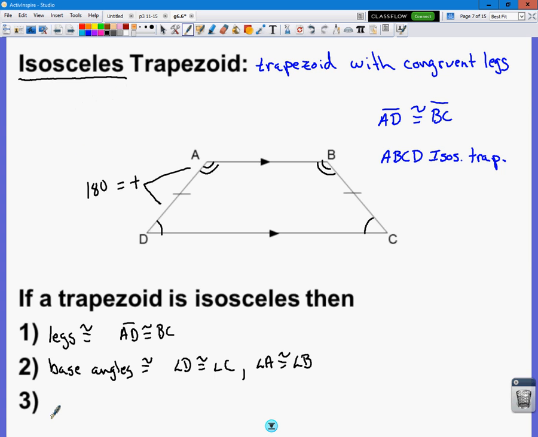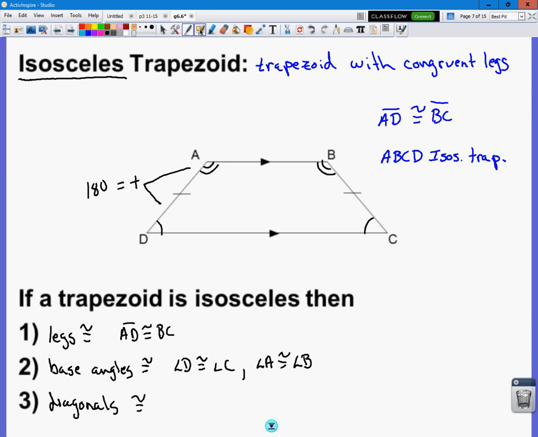The last thing is the diagonals are also congruent, which is why yesterday, in our little coordinate proofs, it was important that we started out with it being a parallelogram.